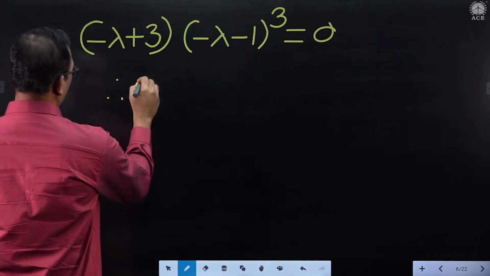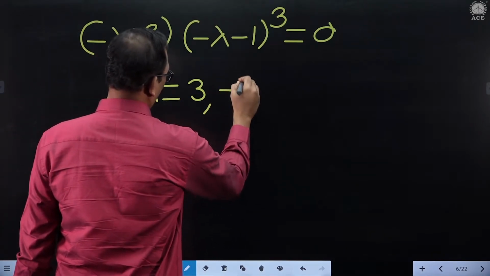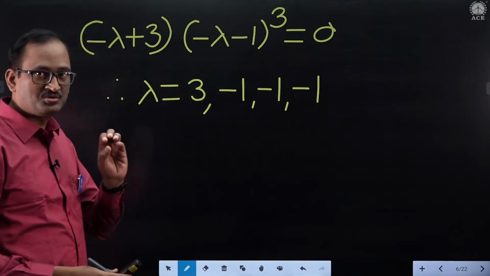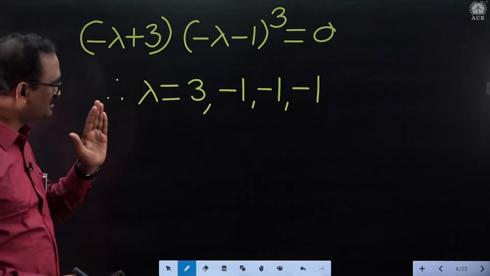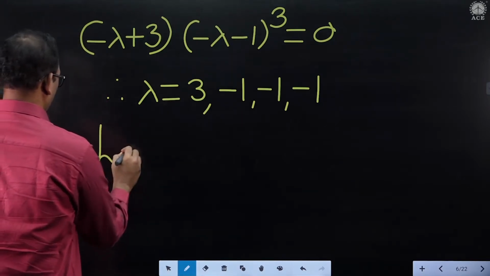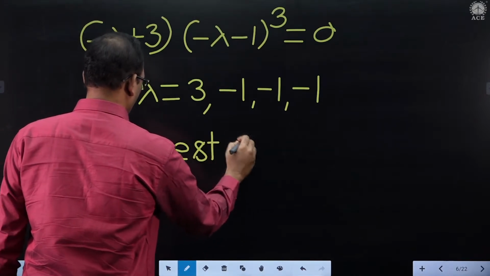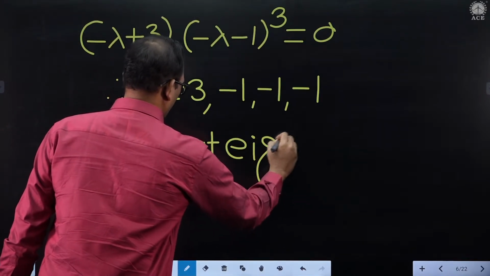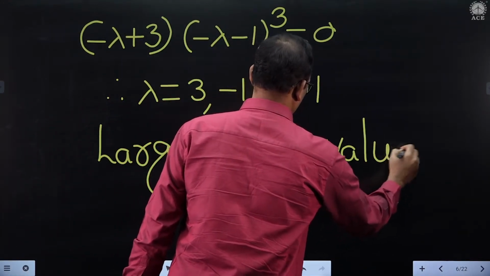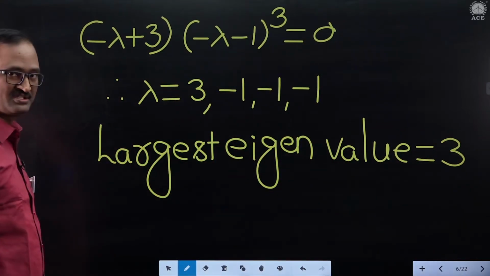So lambda is equal to 3, and lambda is equal to minus 1, minus 1, minus 1. We just need to identify the largest eigenvalue of the matrix. Therefore, the largest eigenvalue is 3.